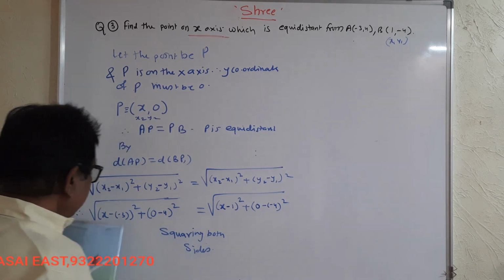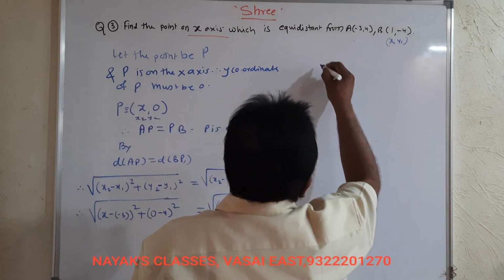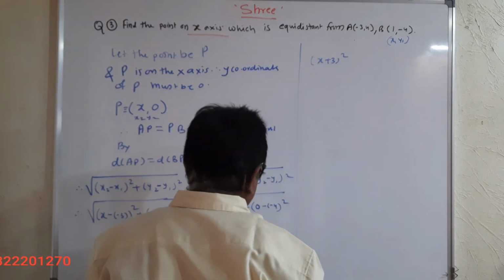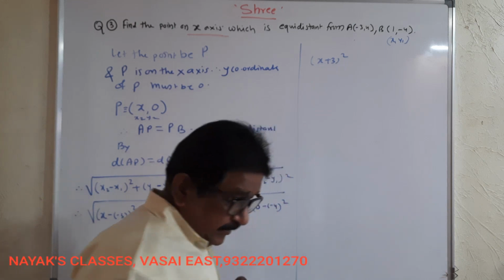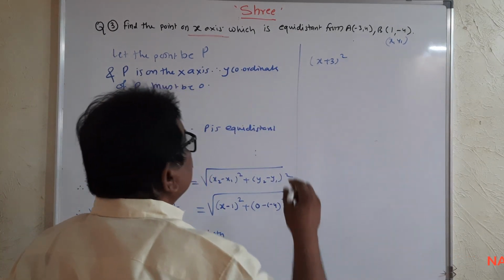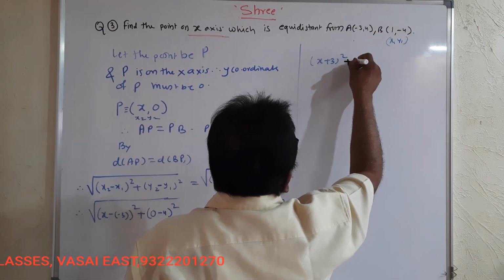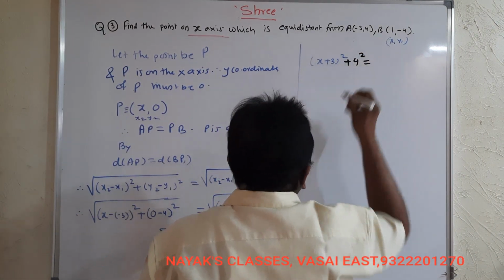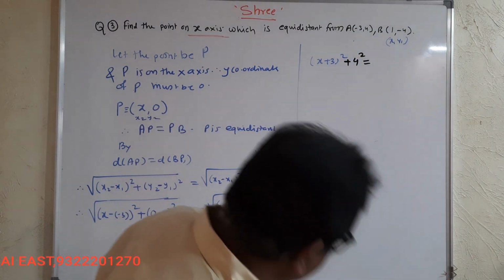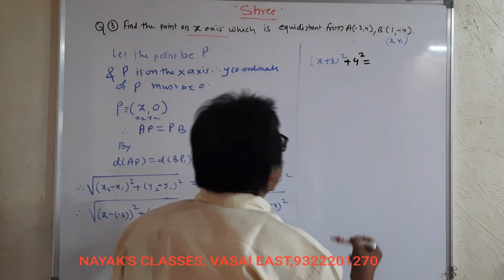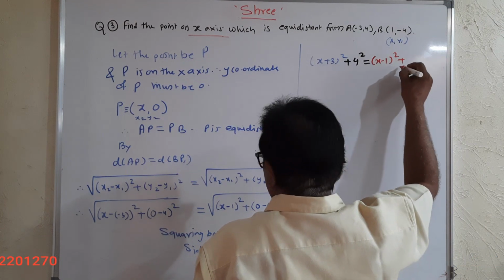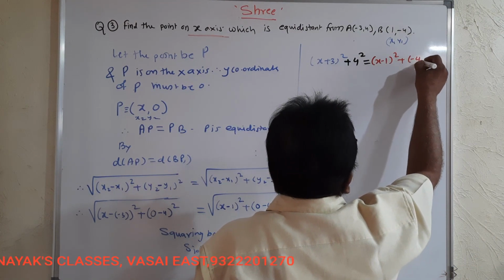We'll get x plus 3 the whole square plus 4 the whole square is equal to this side, x minus 1 the whole square plus 4 the whole square.